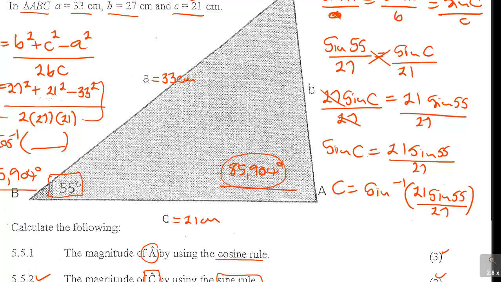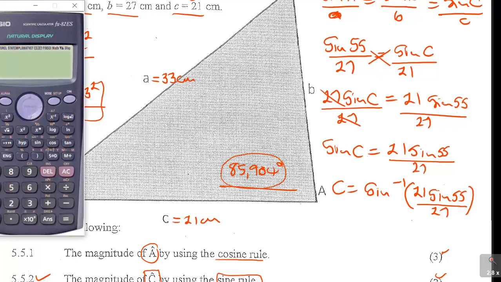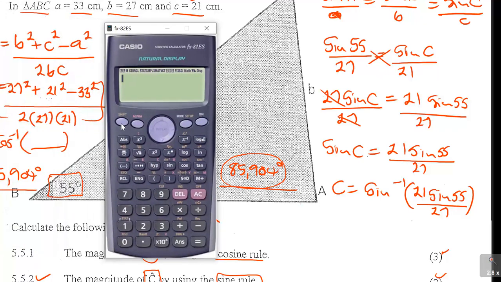I can even use that as is, say shift arc sine, fraction 21 sine 55, over 27, then put that in and it equals 39,5772. So in 3 decimal places, 39,577.